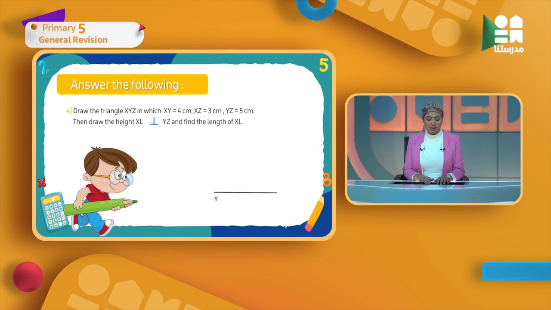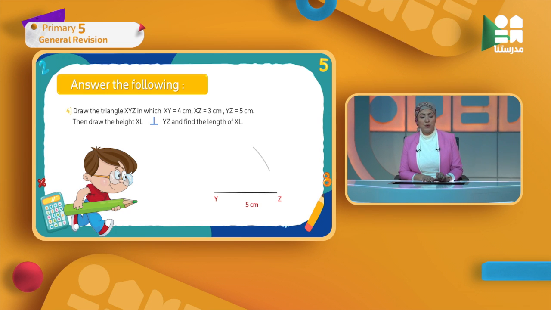So here my longest side is YZ, which is 5 centimeters. So YZ is 5 centimeters. Then I get my compass and my ruler. I stretch the arms of my compass on 4 centimeters to draw XY. Then I will fix the sharp tip of my compass on the point Y, and I draw my arc.